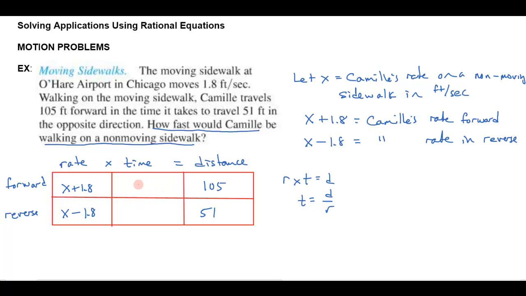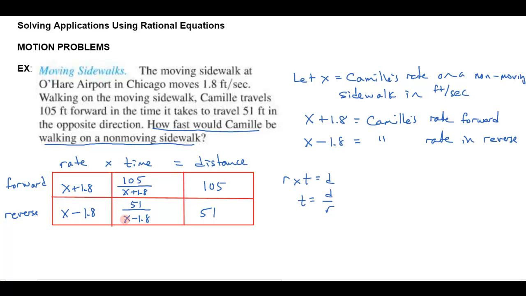So the time that she goes forward is going to be 105 feet divided by her rate, x plus 1.8. And likewise, the time that she goes against the sidewalk is going to be her distance, 51 feet, over her rate, x minus 1.8.